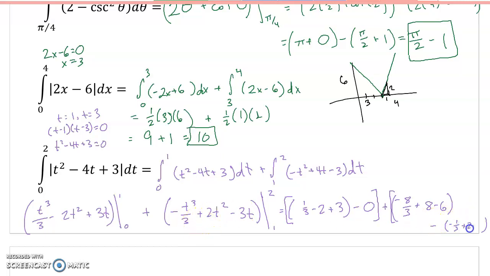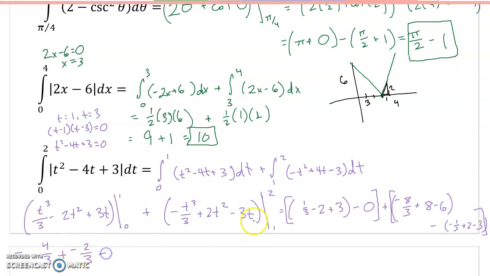All right, so simplifying this up, in this first parentheses, we get, let's see, 1 plus 1/3 is 4/3 minus 0, plus, let's see, this is going to be 2 minus 8/3. So that's going to be 6/3 minus 8/3, or -2/3.